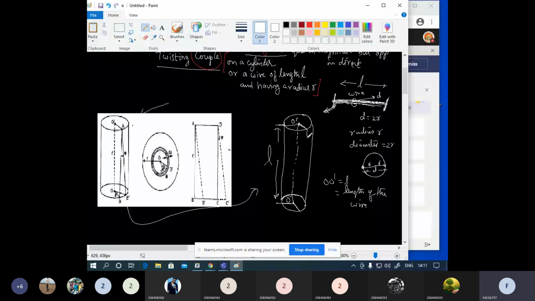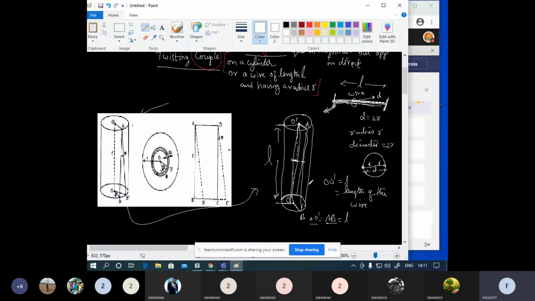This is A and this is B. A and B form a line outside the cylinder, on the surface of the cylinder, parallel to this. So what is AB equal to? Both the lengths of O O dash and AB are equal. These two are parallel lines, so the value of this and this will be equal.